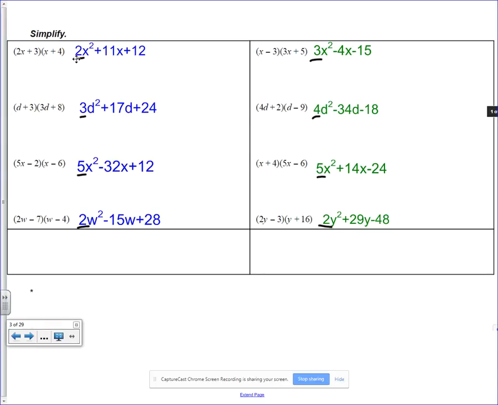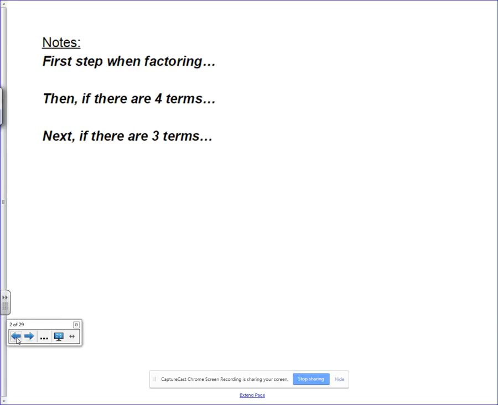So we are going to start factoring things that do not start with a 1. Make sense? Okay, before we do that, let's go back and make sure you remember the different steps that we need to follow. Okay, what's the first step when factoring always? Then, the only way you know how to factor with 4 terms is by doing what?